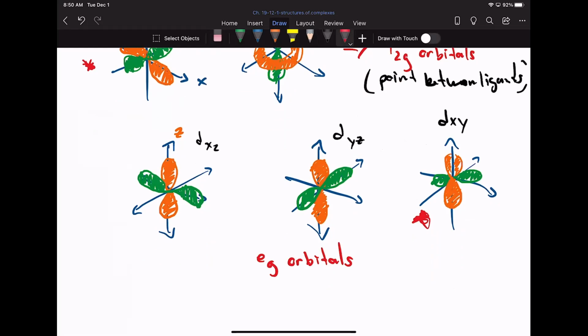And the eg orbitals actually point towards the ligands.